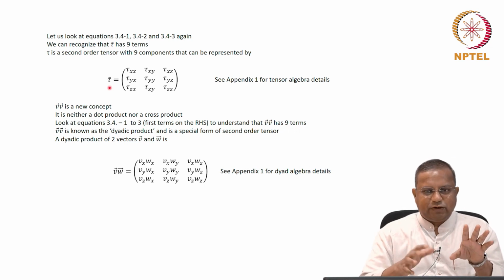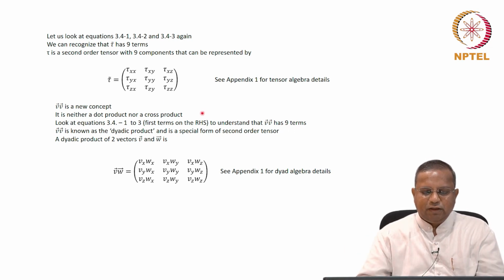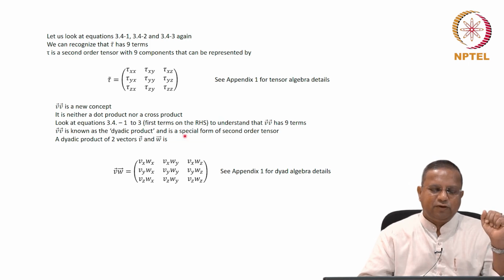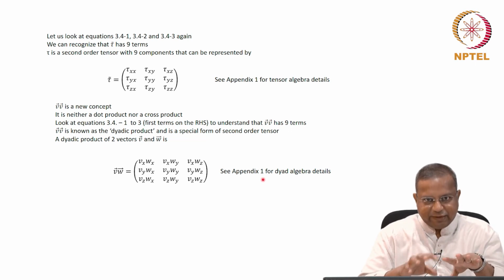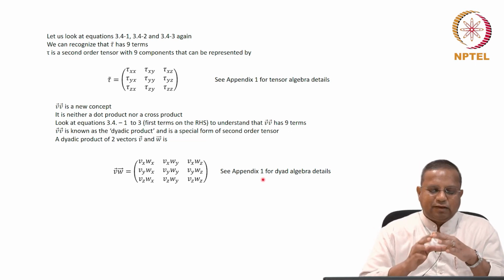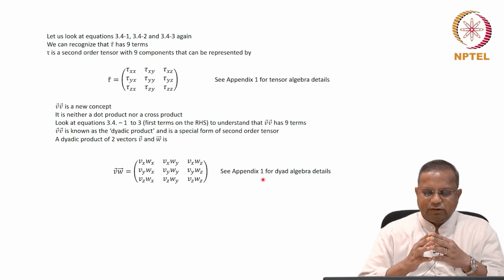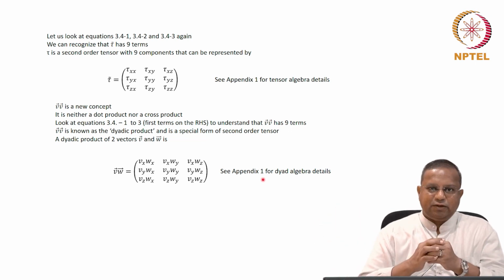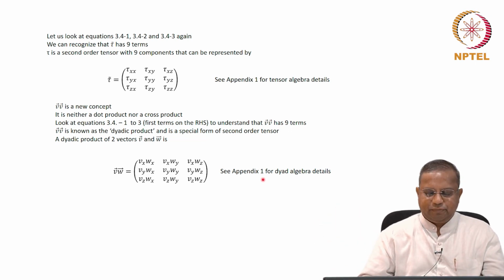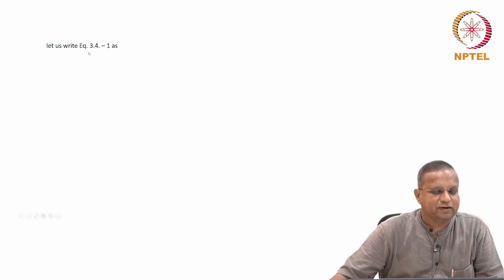There's a separate algebra for vectors and you need to pick that up. You would have done some vector algebra in your initial math course. Appendix 1 gives the vector and tensor algebra as needed by us, not comprehensive. Please go ahead and see that. Okay, let us rewrite equation 3.4.1.